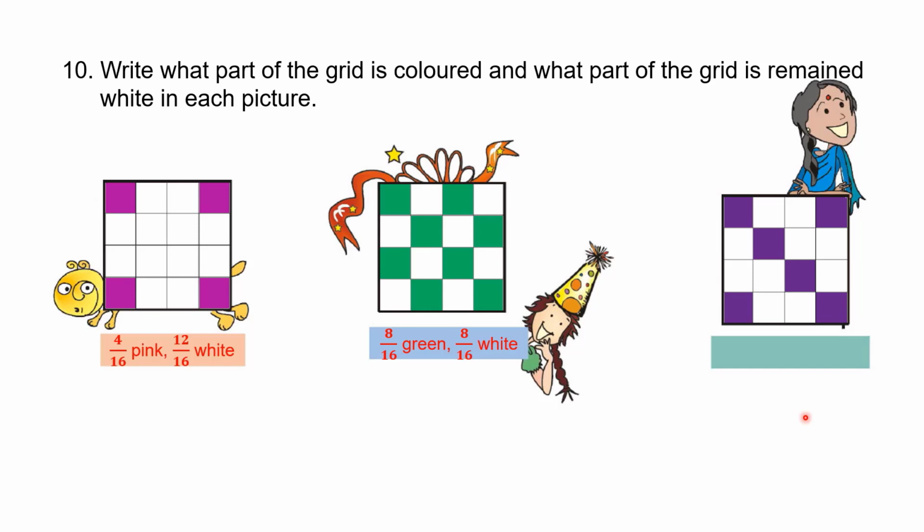These 10 white squares. So its part is 10 by 16. 10 by 16 white, 6 by 16 violet.